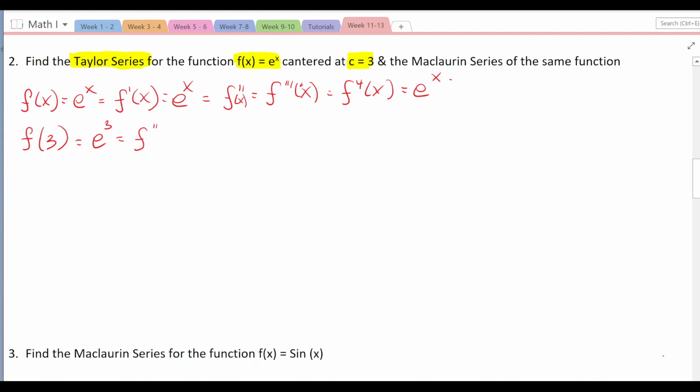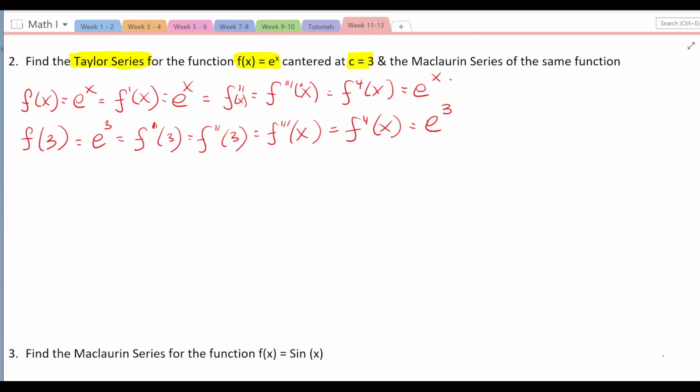The first derivative, the second derivative, the third derivative and the fourth derivative of the function are all e to the power of 3. That's the coefficient, if you like.